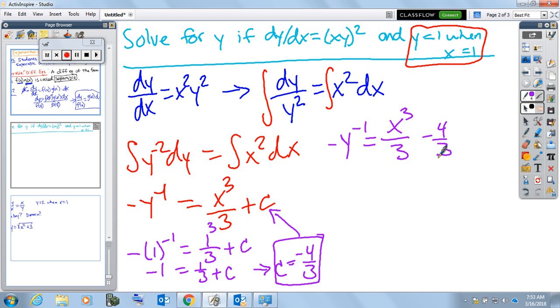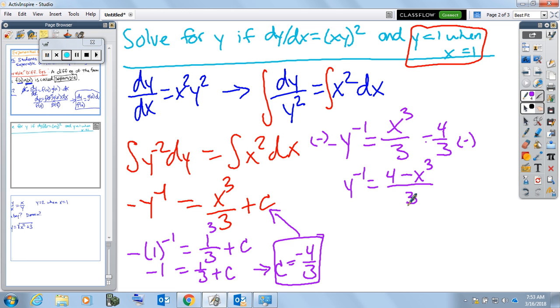But we're not done, because we want to solve for y. That was our goal of this problem. So I'm first going to get rid of this negative by dividing by a negative on both sides, just taking the opposite. So y to the negative first, and then I'm going to rearrange. The negative and the negative become positive, so I'm going to put the positive 4 up first, minus x cubed, over the common denominator of 3.